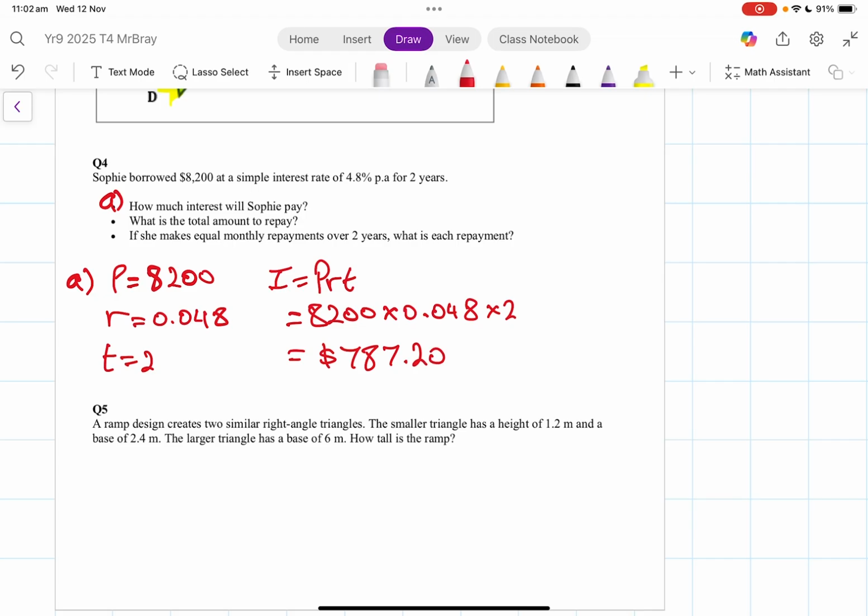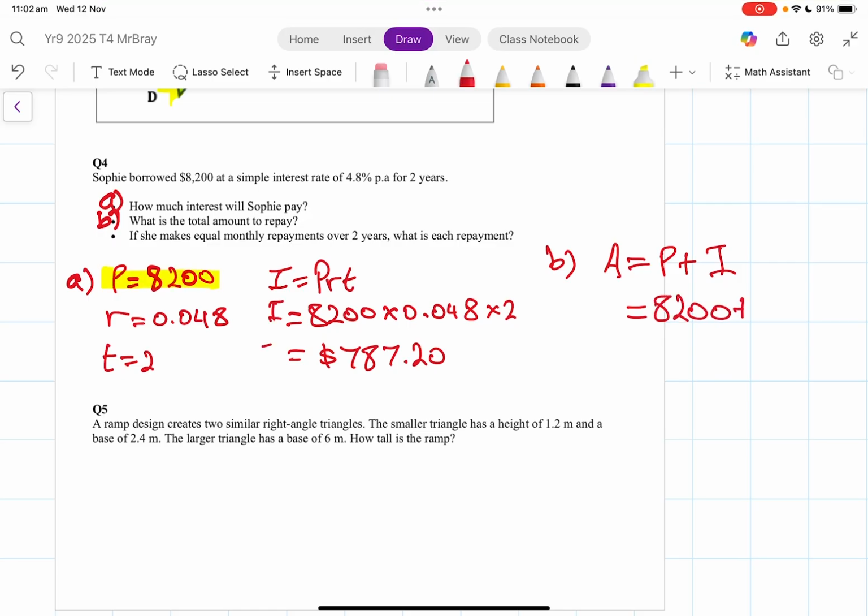All right, part B, what is the total amount she has to repay? So for part B, the total amount is represented by this formula here, which you should have on your page of notes. A equals P plus I. Well, the principal amount we identified earlier was 8,200, so we'll replace that with 8,200.